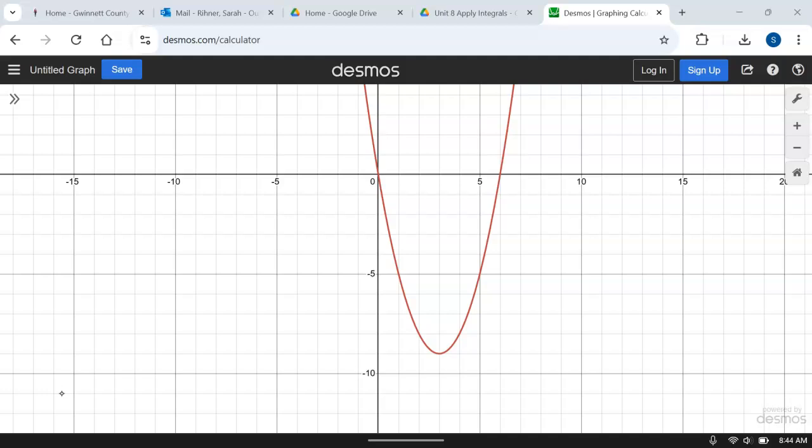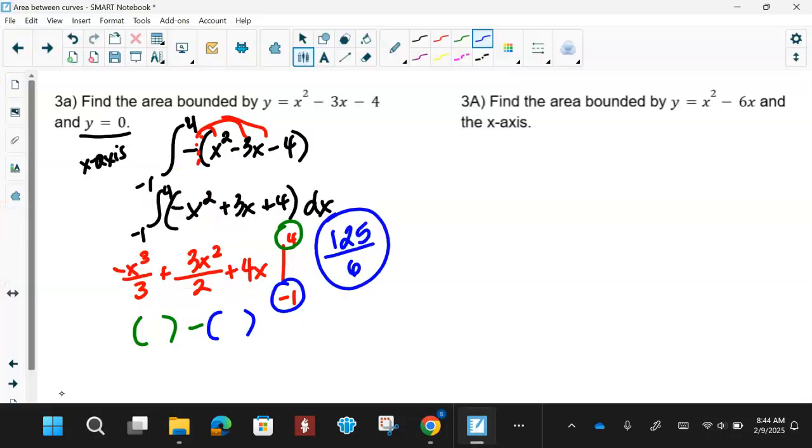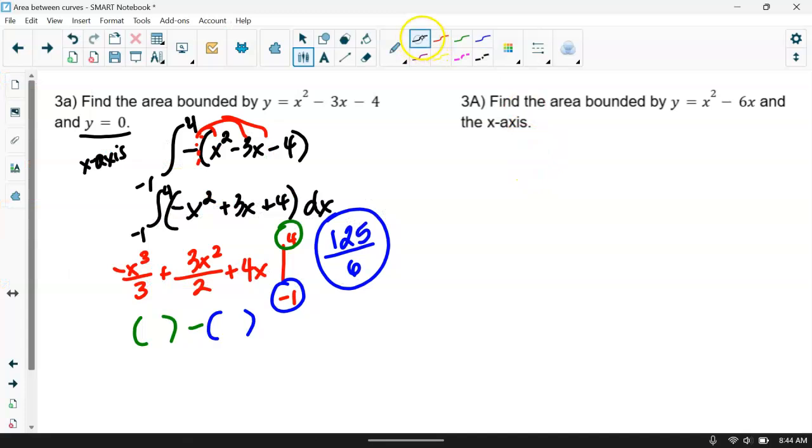So here you should have noticed from graphing that the function was below. So this is your g of x. Your boundaries you should have used are from 0 to 6. So here we go. So from 0 to 6, that was your g of x. So it's 0 minus x squared minus 6x.